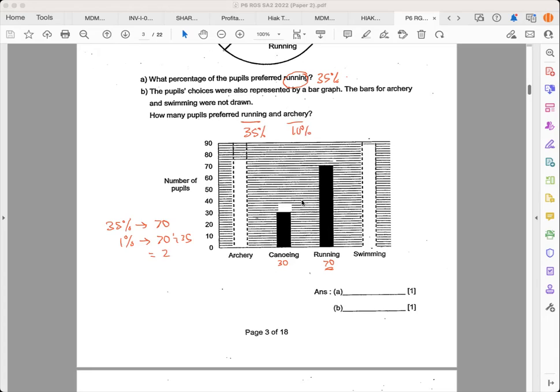So archery and running add up to 45%. Therefore, 45% will be equivalent to 45 multiplied by 2, because 1% is 2. So that will give you 90. And that's the answer for part B, 90.